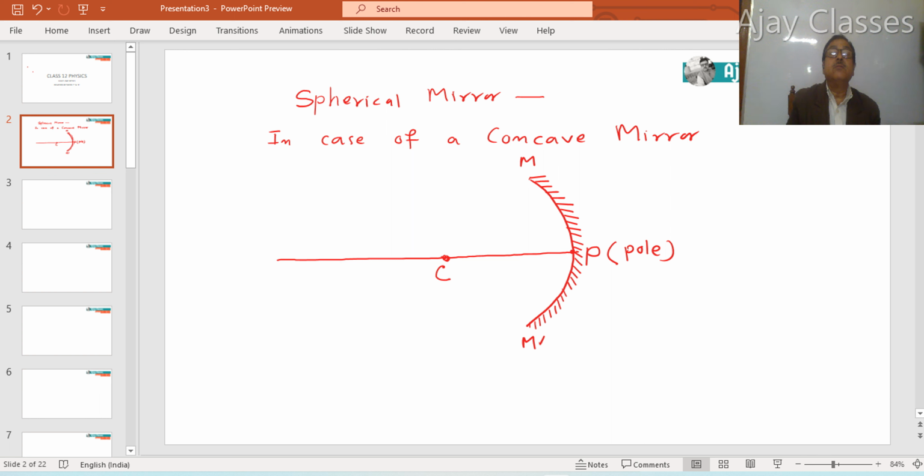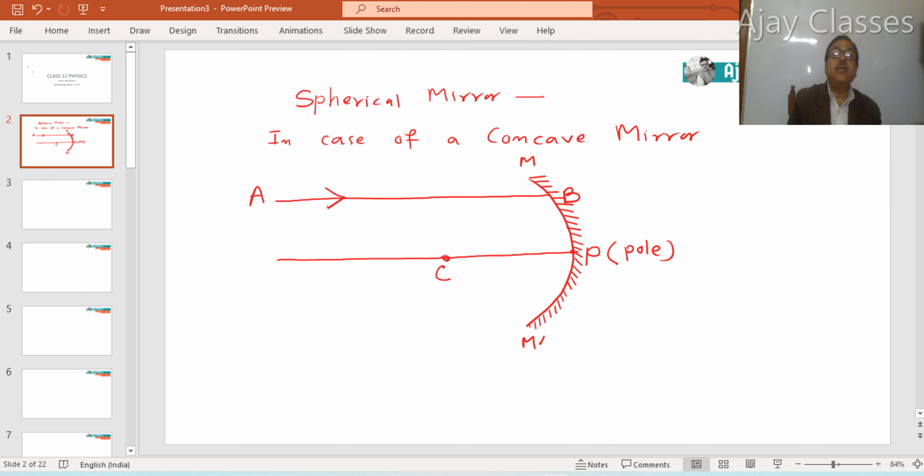So when you allow light to be incident on the mirror, what happens? You draw a straight line as a ray of light and give the arrow sign. Suppose this light is coming from the point A, the source of light, and B is the point where the light is incident on the mirror.